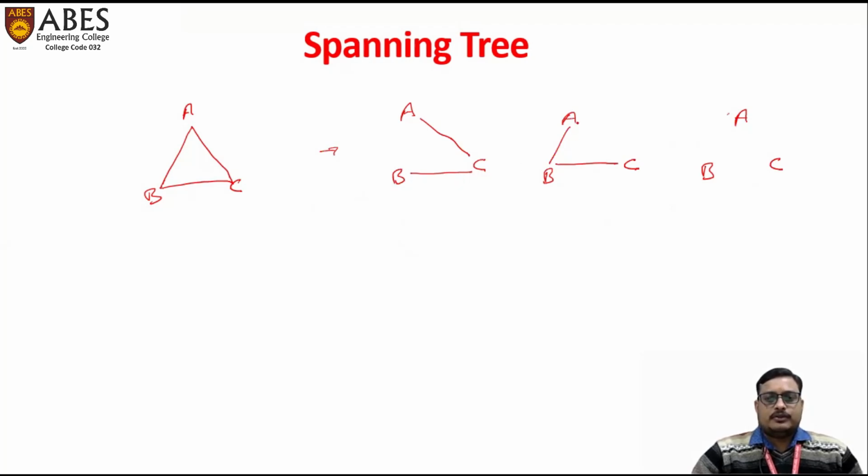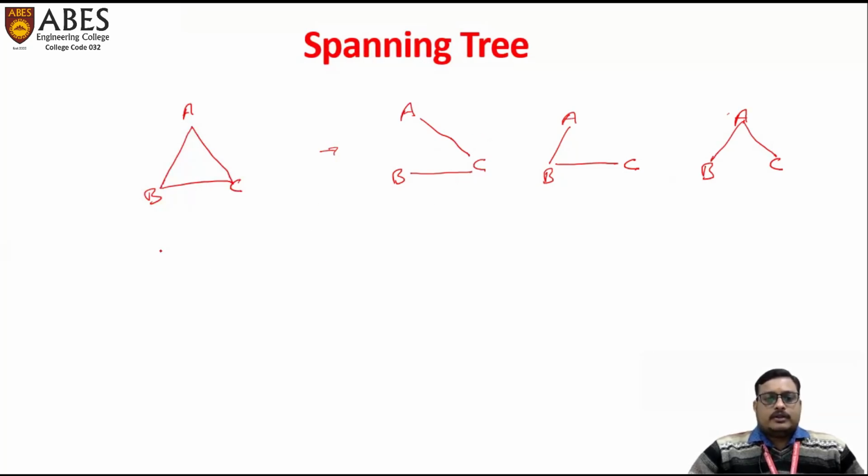In this one, we have used AC, AB and BC edges to connect this. In this one, we can use AB and AC to connect this. So like this, we have three different ways to connect the edges. Basically, the approach is we want to connect all the vertices of the graph with the minimum number of edges. Okay, so this is called spanning tree.